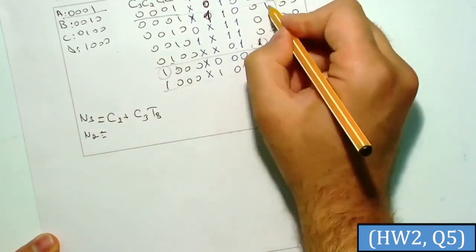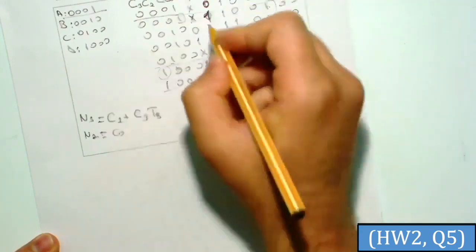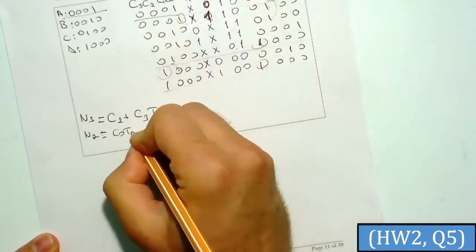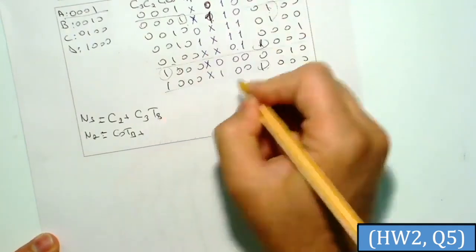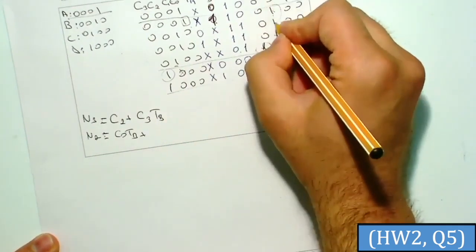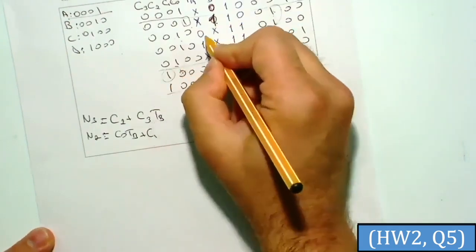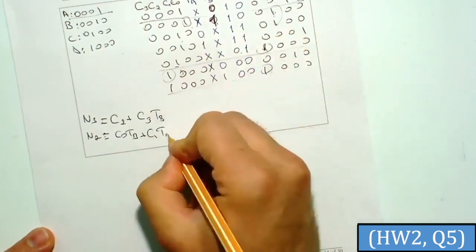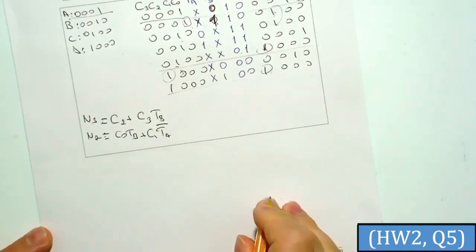When N2 is 1, here I have C0, 1, and also TB as 1. Right? Yeah, that's correct. And again for N2 is 1, C1 is 1, and also TA is 0. So TA not. Let me check it again. Yeah, TA. Okay.